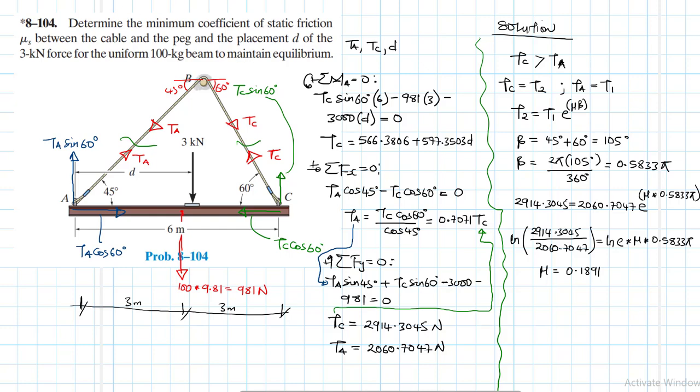They also asked us to find D. Okay, so using this equation, TC is equal to 566.3806 plus 577.3503 D, making D the subject of the formula. Since we have TC equal to 2914, we are going to plug in our TC there, and make D the subject of the formula.